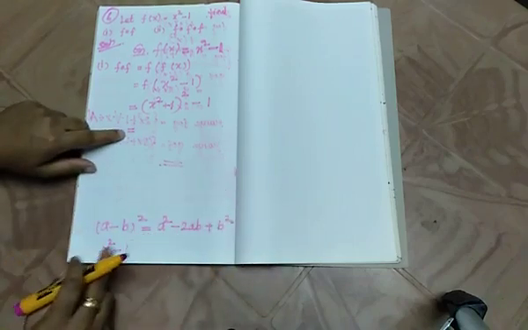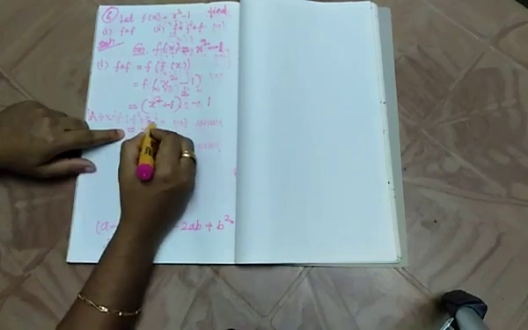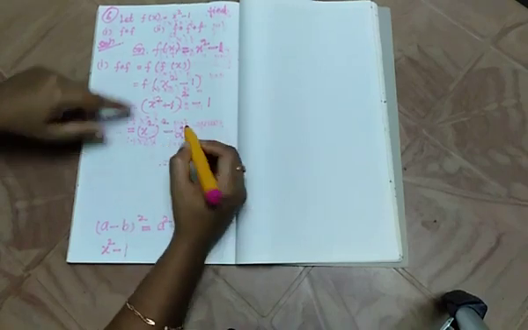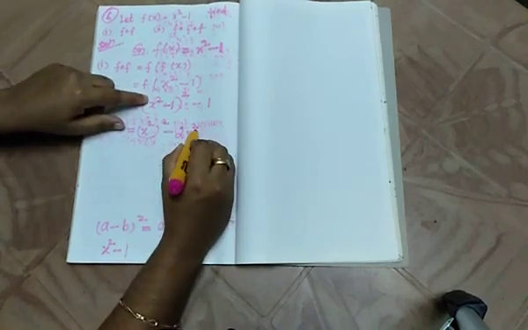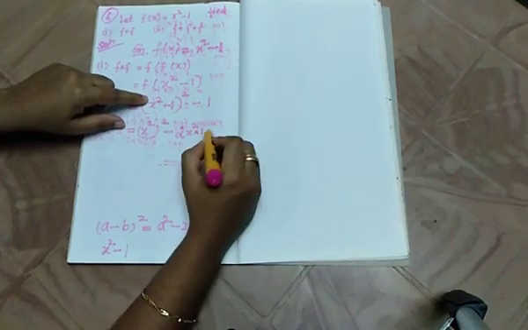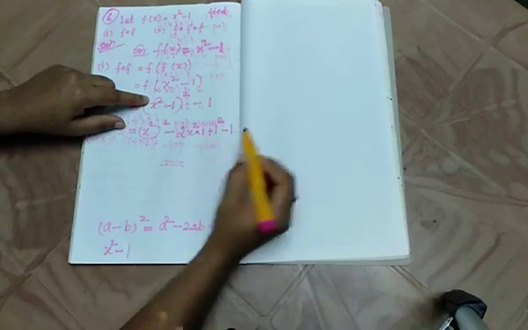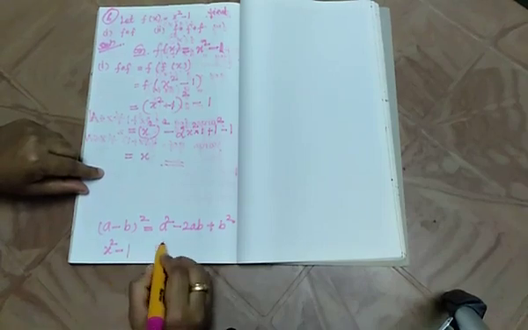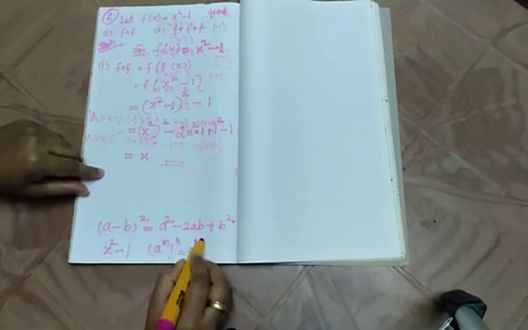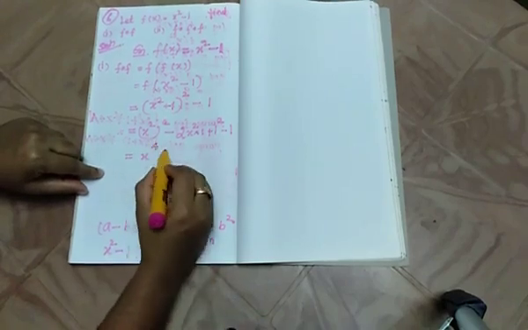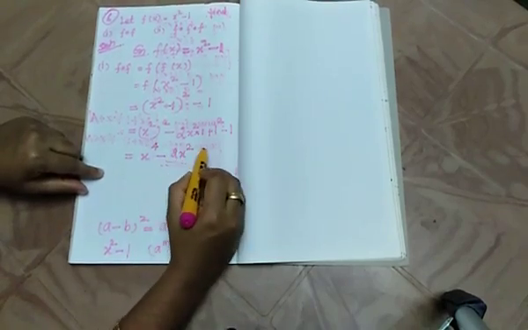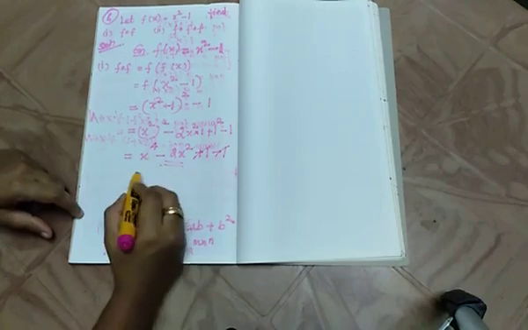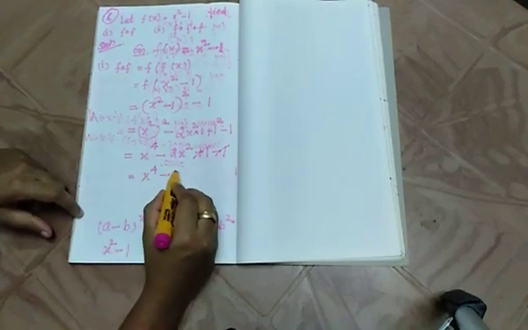So x square the whole square, minus 2 into a into b, that is 2 into x square into 1, plus b square, that is 1 square, minus 1. So x power a the whole power m, that is a power m into n. So x power 4 minus 2x square plus 1 minus 1. Now plus 1 minus 1 get cancelled, remaining x power 4 minus 2x square.